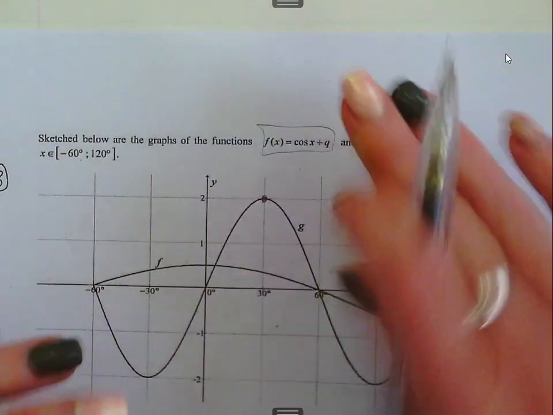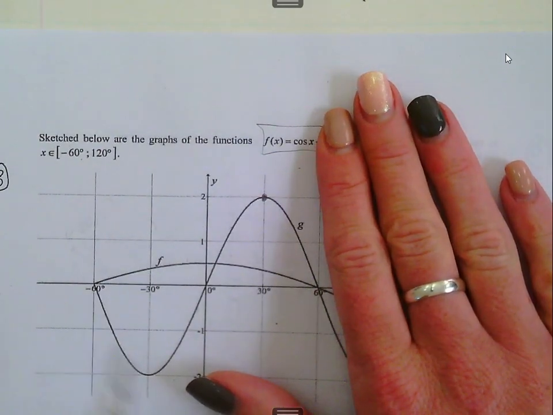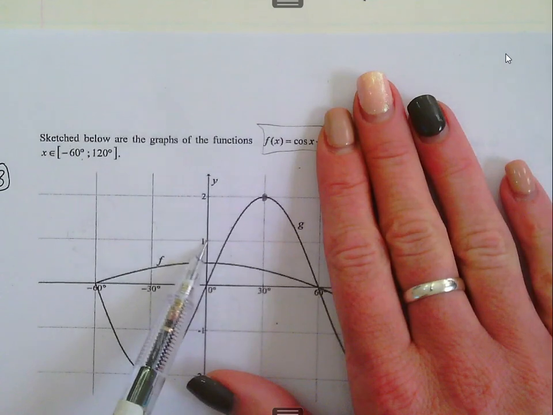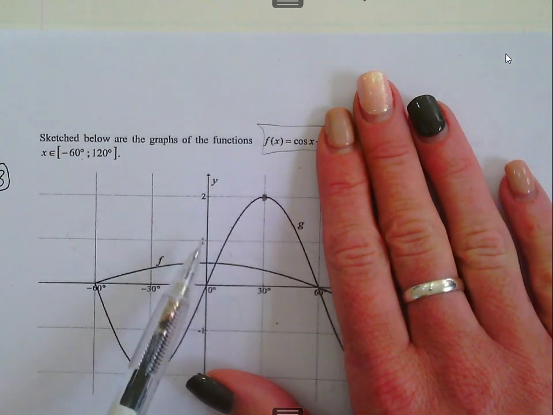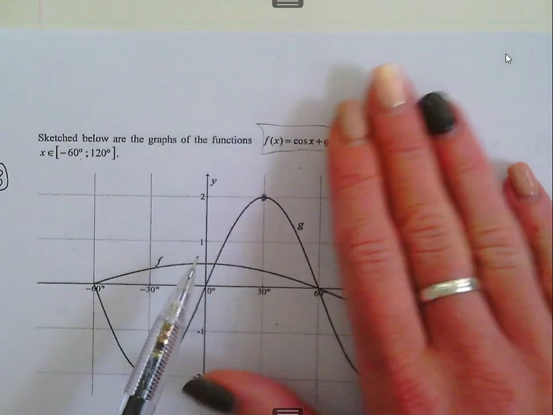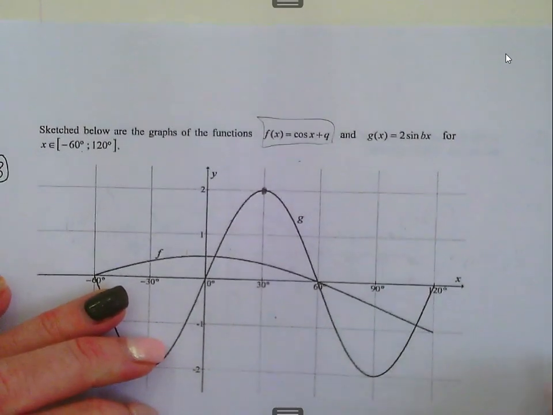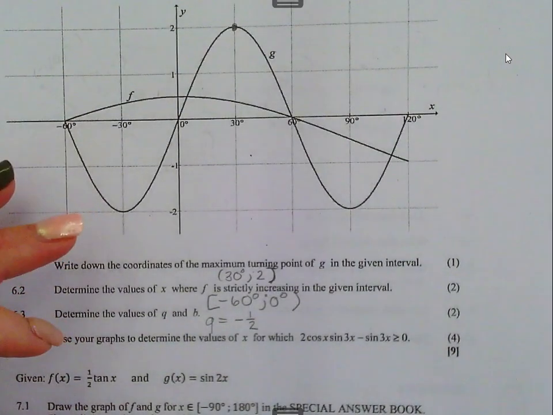So if that plus q was not there, where should that graph have started? At 0 and 1. So it's starting at 0 and a half. So do you agree with me? We can know that q is going to be equal to negative a half. Do you understand how I get to that?